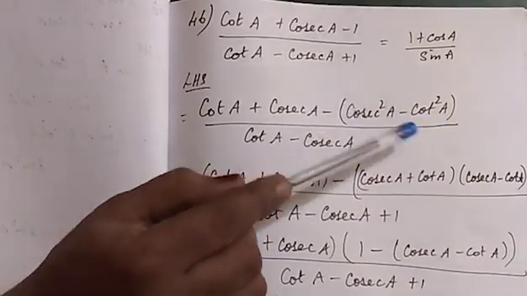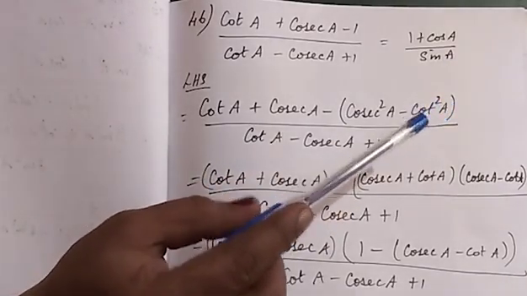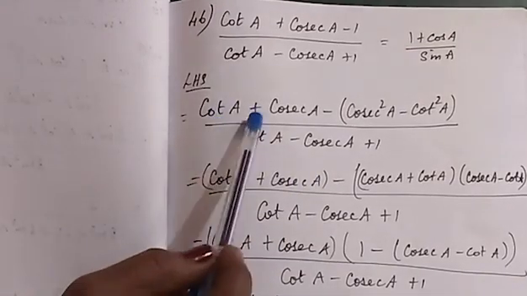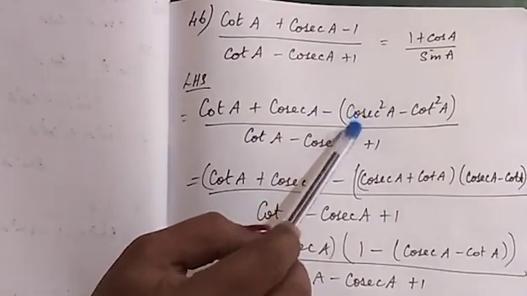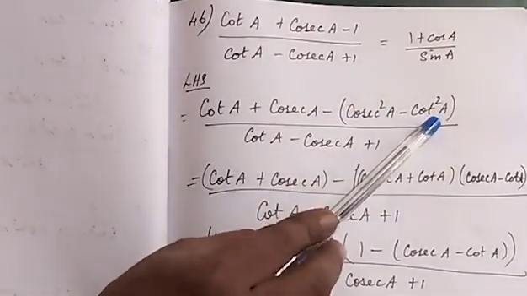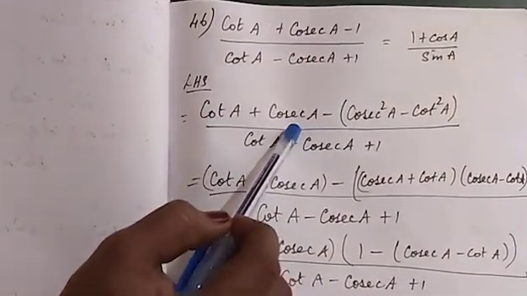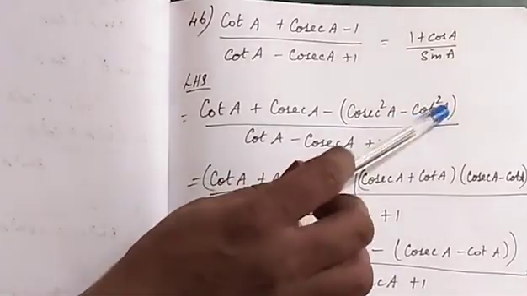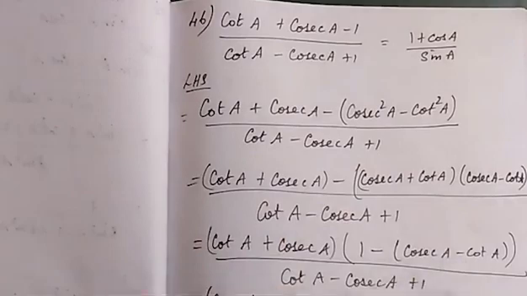Cosecant squared A minus cot squared A. Then write cot A plus cosecant A minus, in the bracket, cosecant squared A minus cot squared A, upon cot A minus cosecant A plus 1.